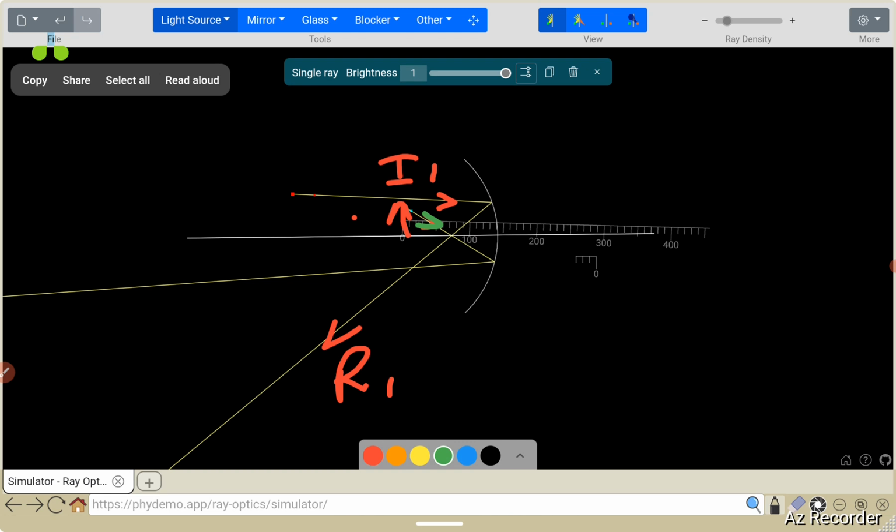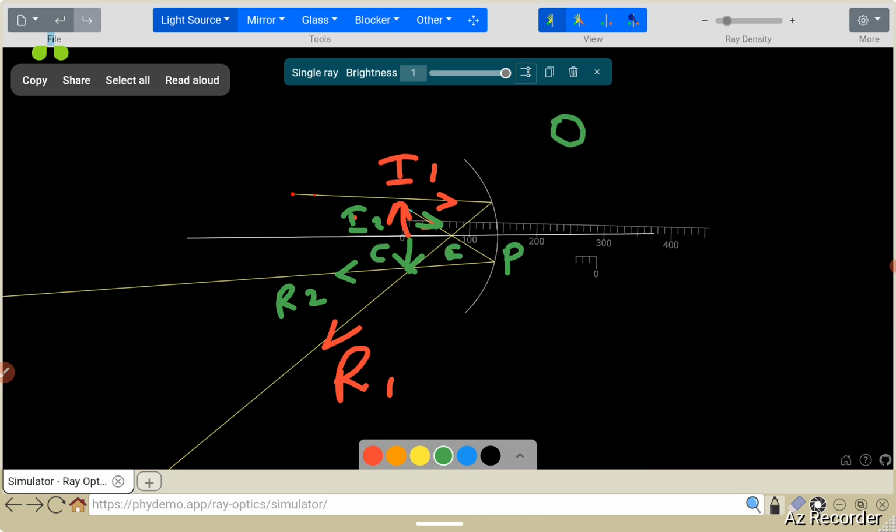This is I2, and its reflected ray is parallel to the principal axis, which is R2. Now where are they meeting? This is the point they are meeting. Join from the principal axis. Now observe, it is the center, correct? This is the focus, this is the pole.